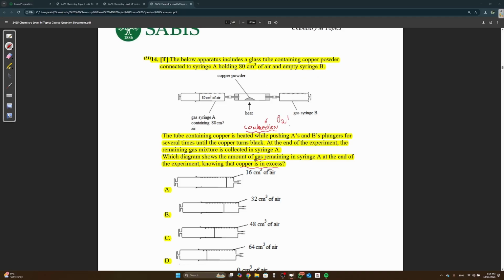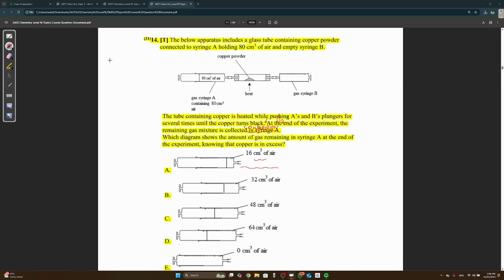Oxygen, right? Here's the thing. You're going to say, how on earth am I supposed to figure out how much gas there is? They just gave me 80 centimeters cube of air. You have 80 centimeters cube of air, and you know it's undergoing a combustion reaction. So what gas are you talking about? Oxygen gas.